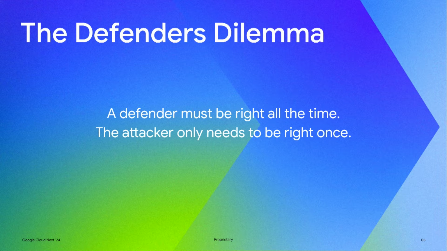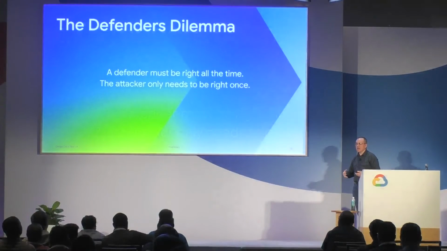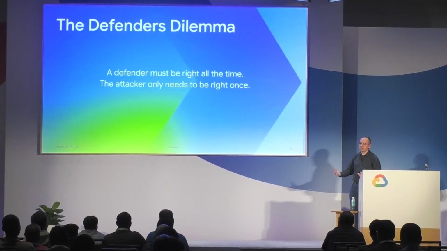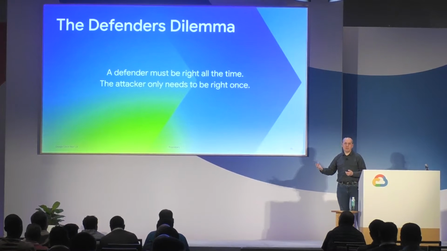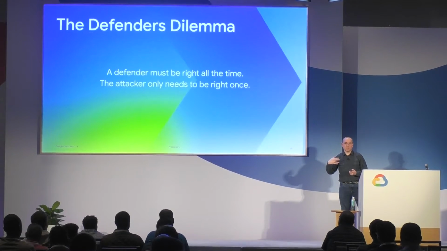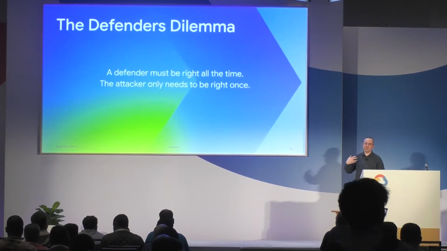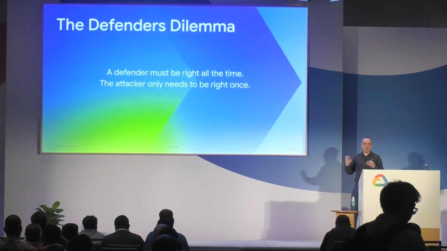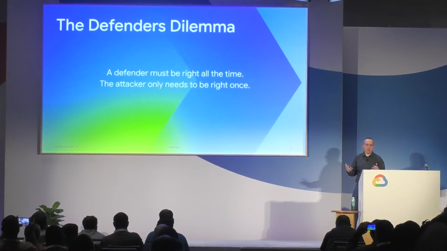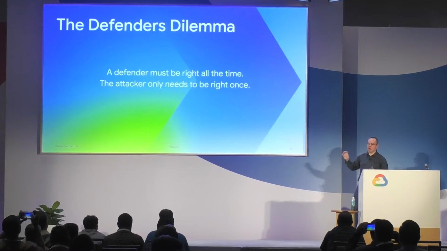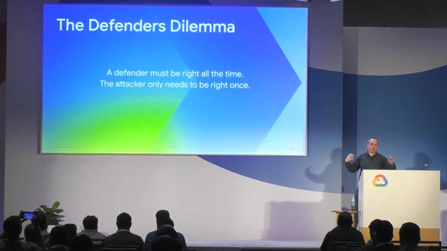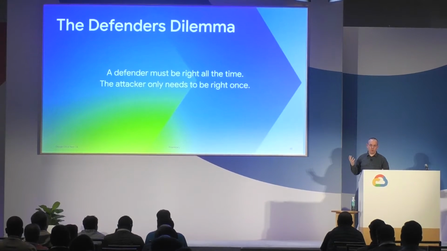So the idea here is if an attacker can find a single misconfiguration, a single set of stolen credentials, a single vulnerability, they can use that to start compromising someone's systems, and then from there try to steal their data, expand their access, do whatever it is that their goal is. But the defenders have to be right all of the time because they've got to protect all of those systems, right? And therefore, as we get more and more services and as we get more and more systems, this becomes harder to do.